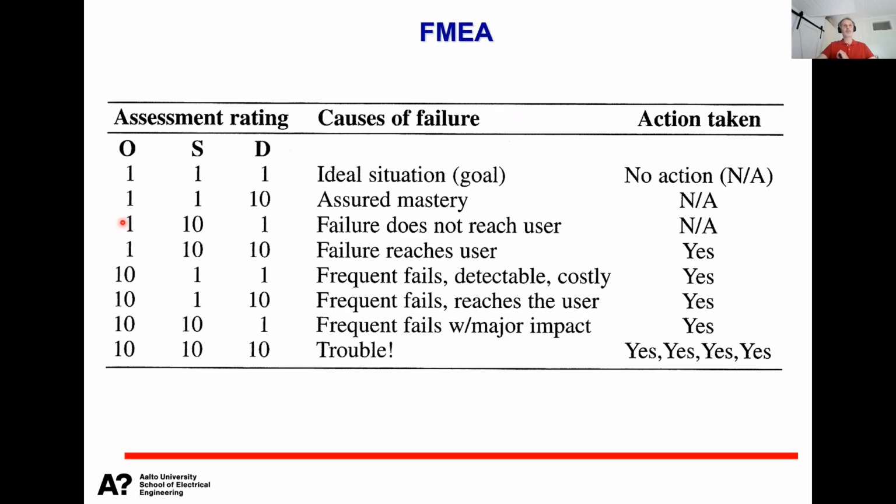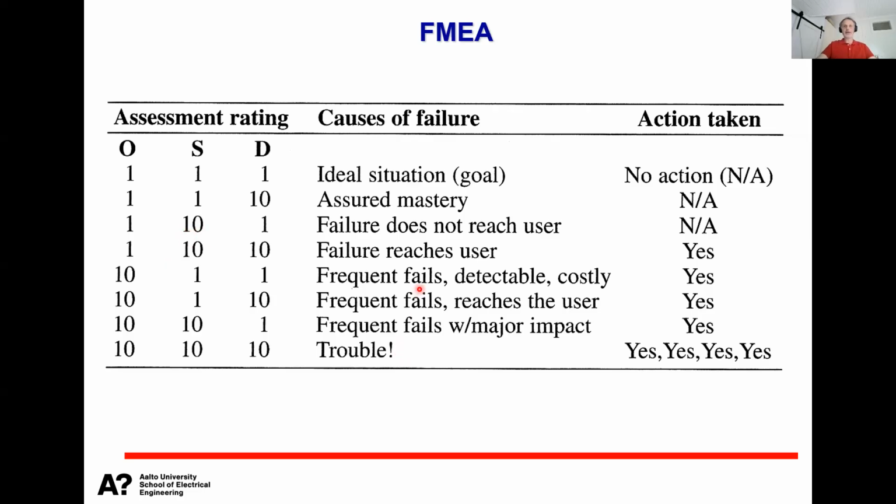The severity, of course, is something that if it happens, even if it is very, very rare, then you might get a lawsuit for that. You may need to pay huge compensations if somebody gets injured or dies because of that problem.